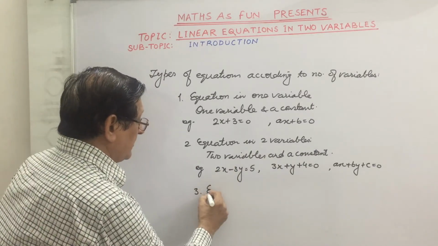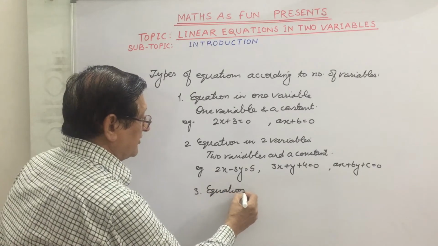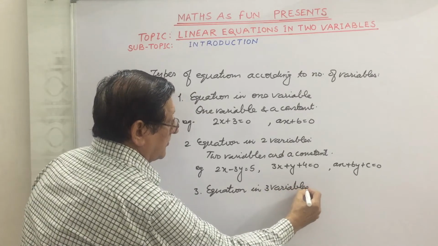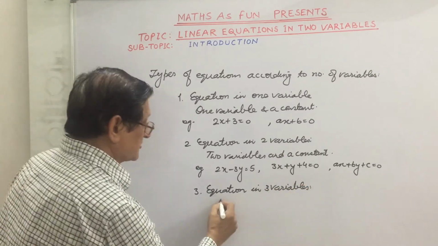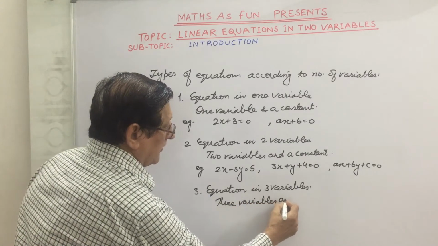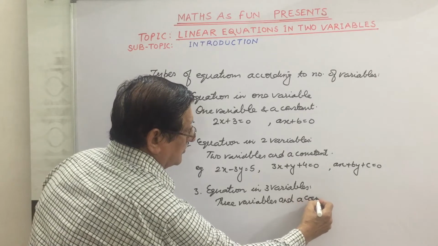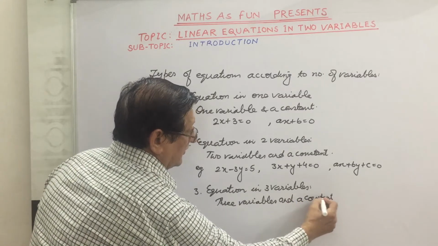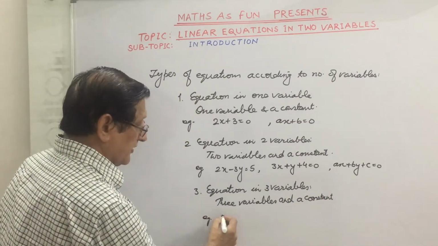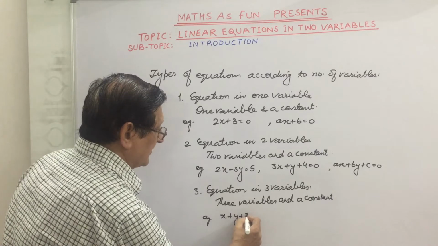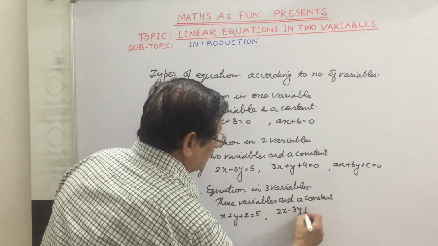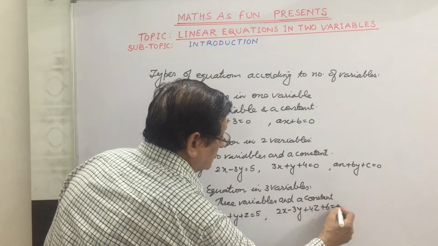Number three, we can say equation in three variables. That is, it consists of three variables and a constant. For example, x plus y plus z equal to 5, or 2x minus 3y plus 4z plus 6 equal to 0.